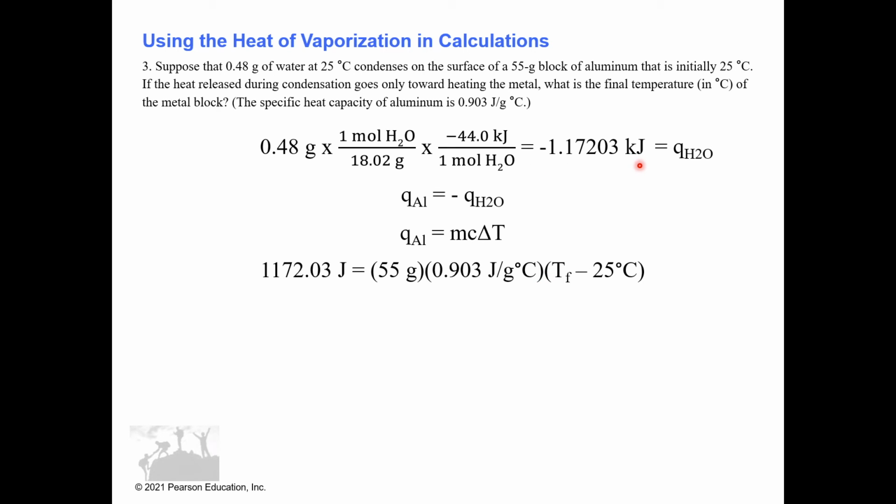We had the heat in kilojoules, don't forget to convert that to joules, because our specific heat capacity for aluminum has joules in the unit. Okay, so we're solving for final temperature. We do the algebra for that, and our final answer is 48.6 degrees Celsius.